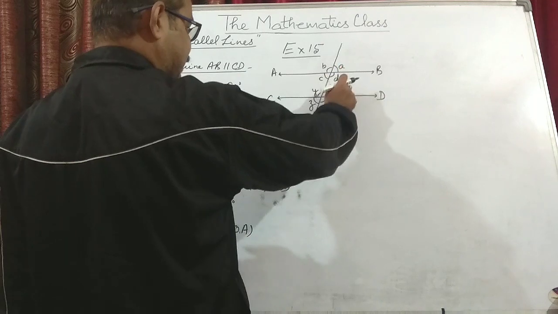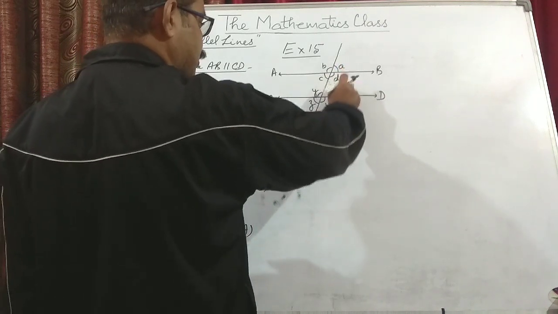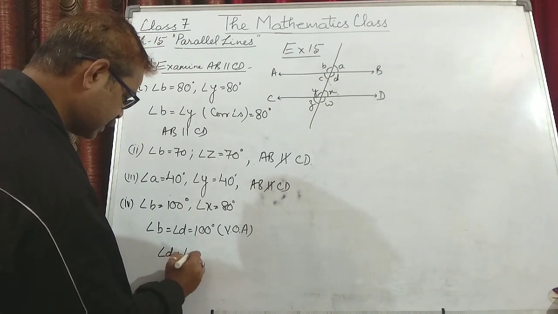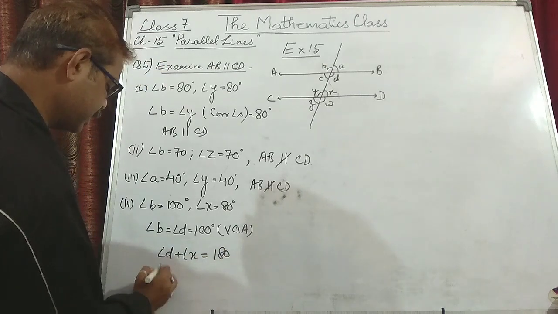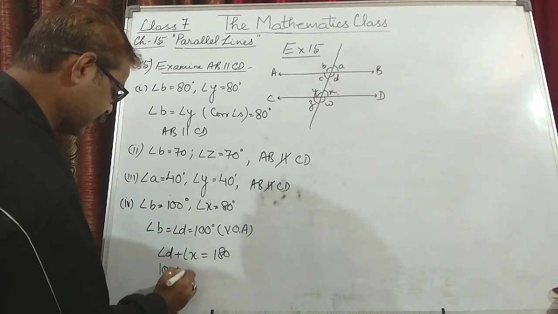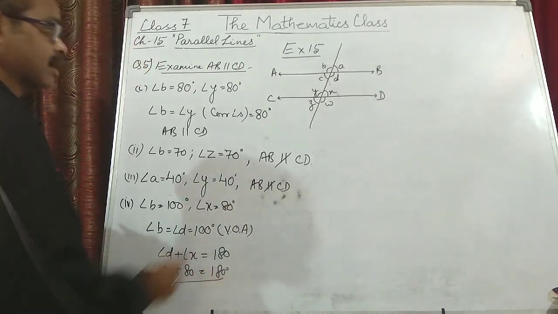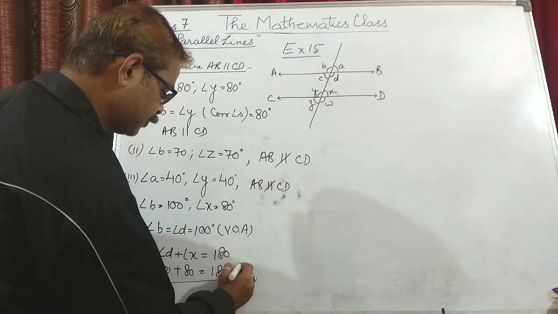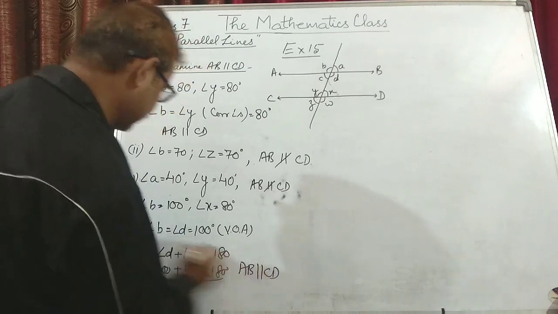And angle D plus angle X are co-interior angles and their sum should be 180 degrees. Angle D is 100 and angle X is 80, so it comes to 180 degrees. It means the sum of co-interior angles is 180. Therefore we can say that AB is parallel to CD.